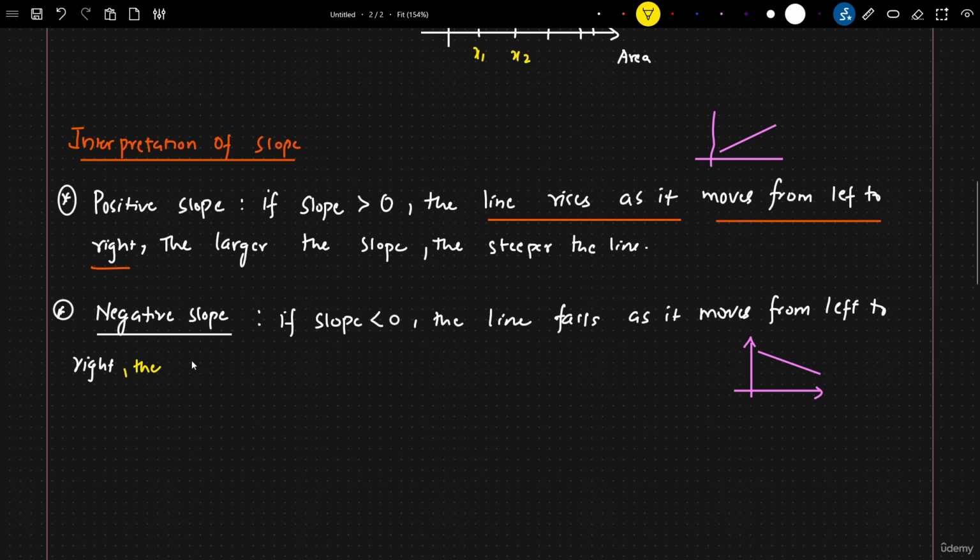Here, let me write one more point. The more negative the slope, the steeper the line in the downward direction.